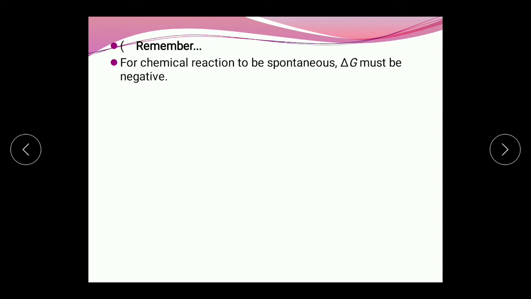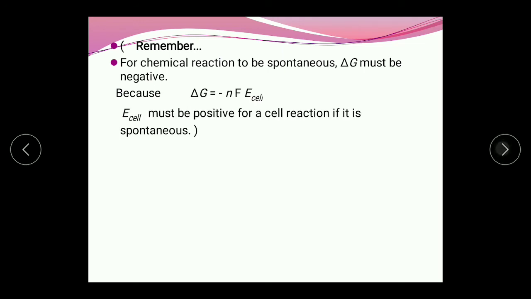That means delta G equal to minus nF E cell is the equation we got, in which E cell must be positive. Then only delta G will become negative, and then only the reaction will be spontaneous. So, we have just related the thermodynamical part or Gibbs energy with EMF of the cell. So, for the reaction to be spontaneous, if delta G must be negative, then E cell must be positive.